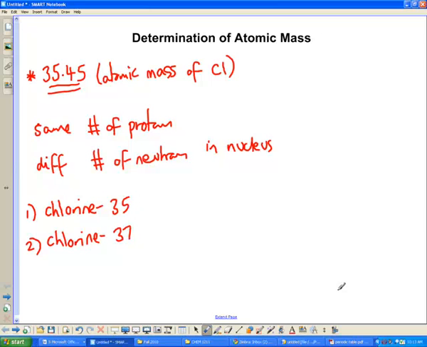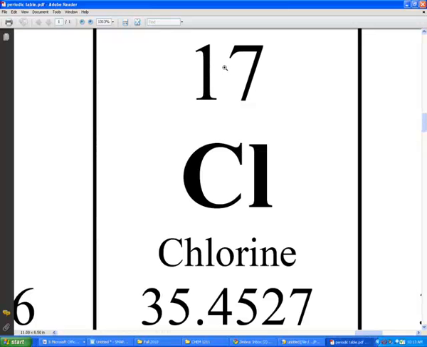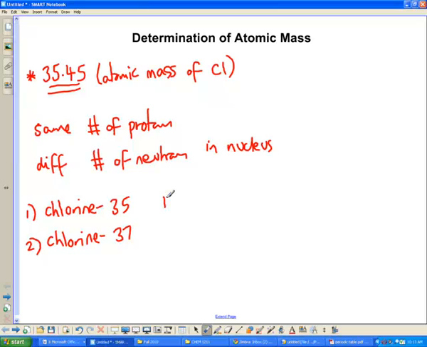As we said on the periodic table, every atom of chlorine always has 17 protons, regardless of whatever else is going on. So chlorine-35 has 17 protons and 18 neutrons in the nucleus. Chlorine-37 has 17 protons and 20 neutrons. That is the difference between the two, the number of neutrons inside the nucleus. This one has a slightly larger mass because of the larger number of neutrons.